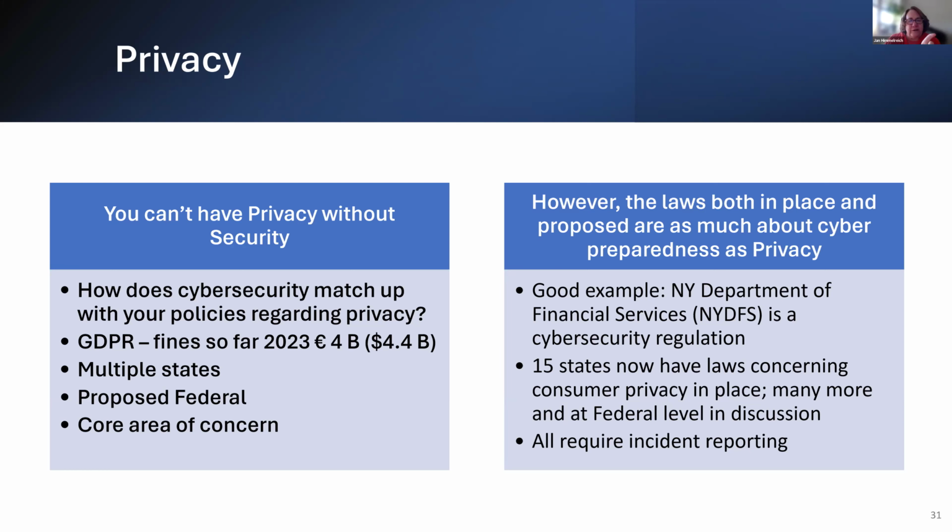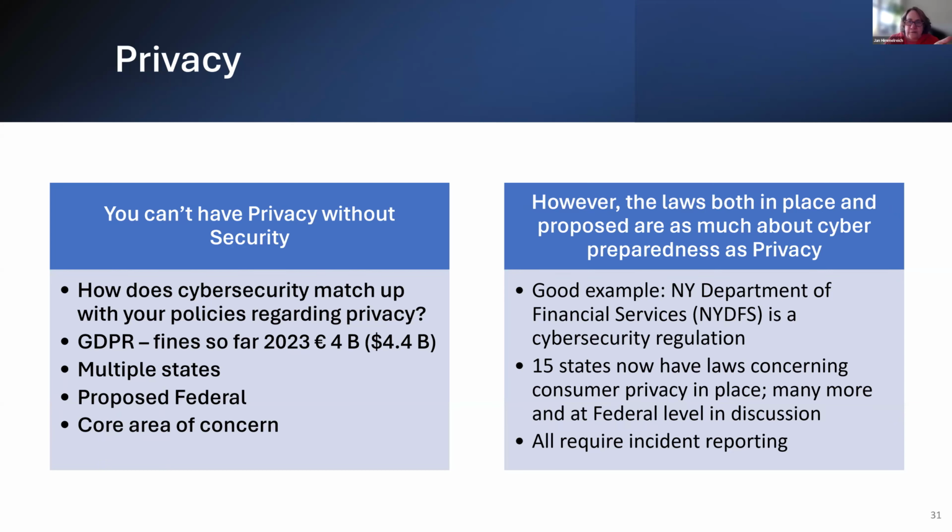The fines so far in 2023, from an article in December, had been approximately 4 billion euros, which equates to $4.4 billion. The company with most of the fines, you might guess, is Meta. But even as a small company, you need to know what the PII, or protected information, is for GDPR.